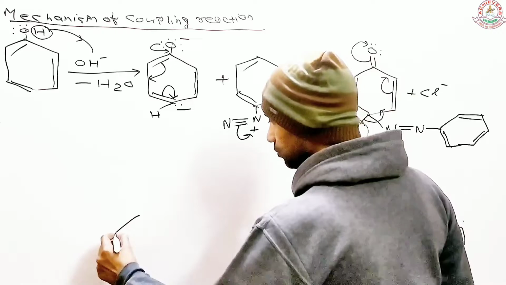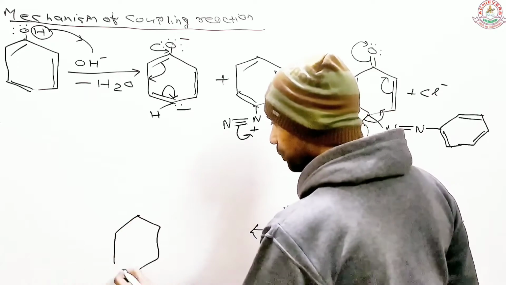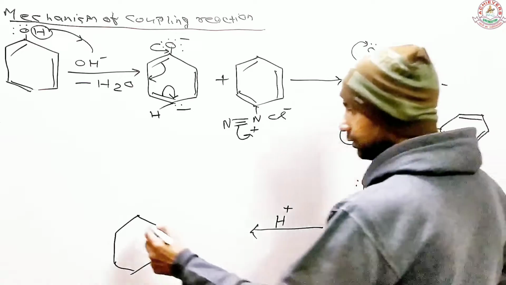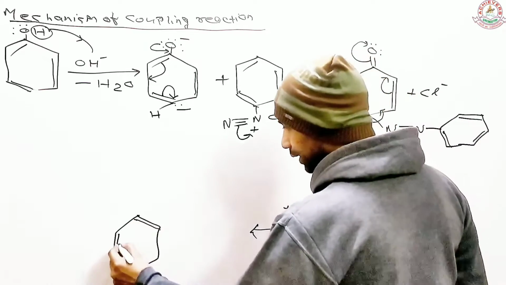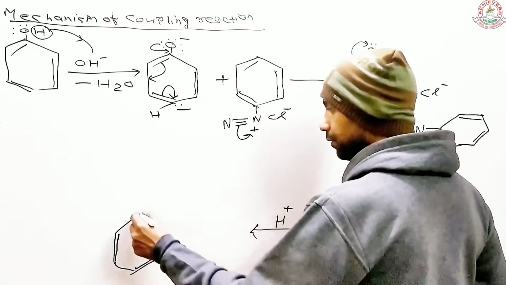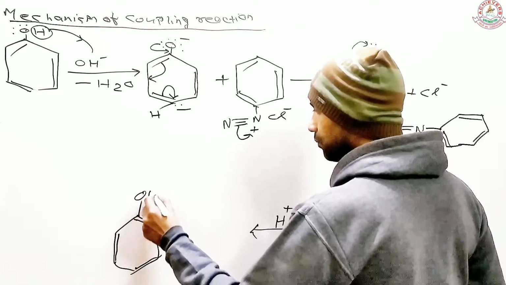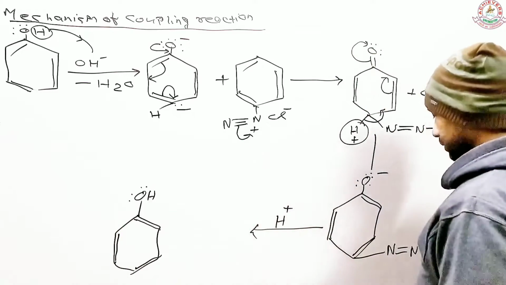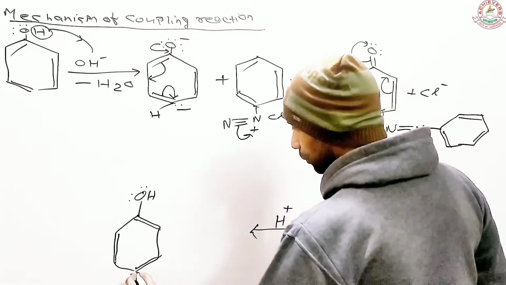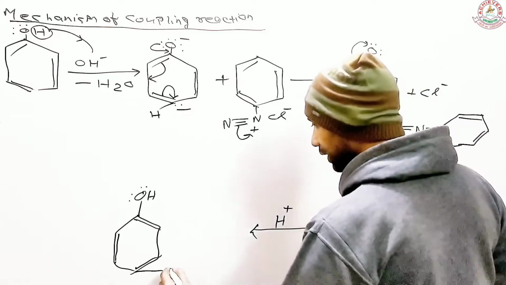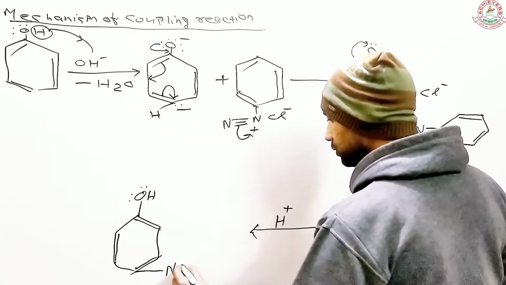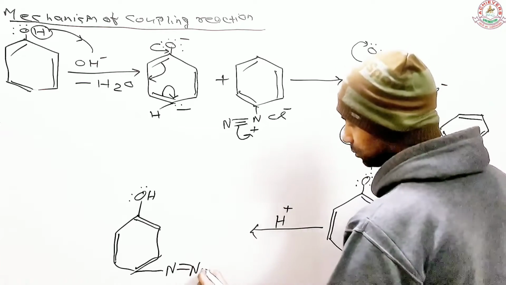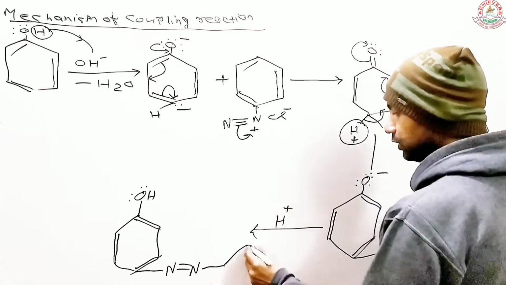What you get here, you have benzene right here, and you have double bonds 1, 2 and 3. So this is your first double bond, then the second and the third one right here. Now you have your OH here, 2 lone pairs are still there, and then you have nitrogen here, and with this nitrogen you have a double bond to another nitrogen, and this nitrogen is bonded to a benzene molecule.